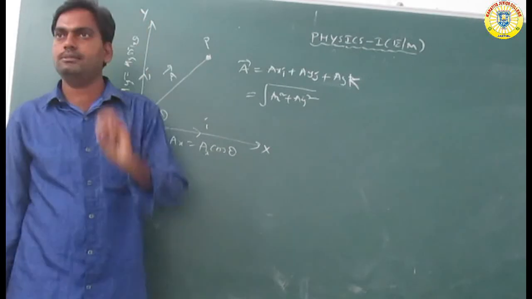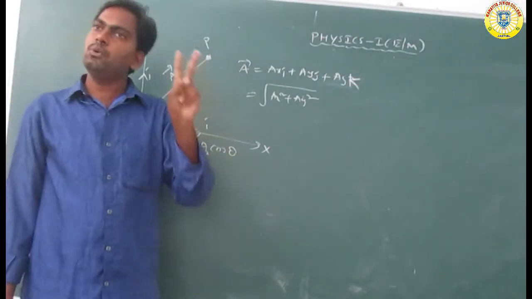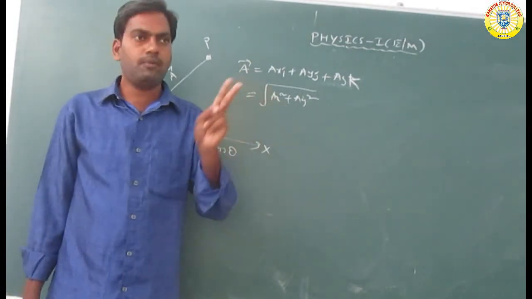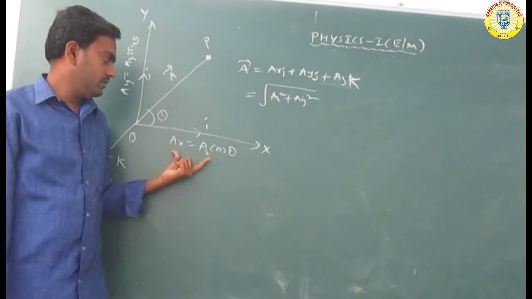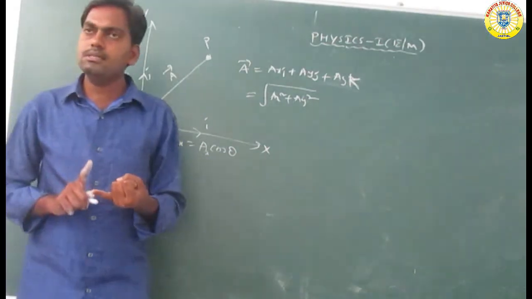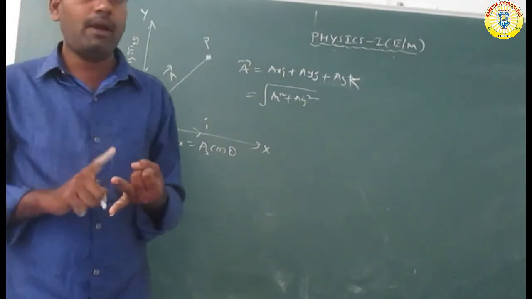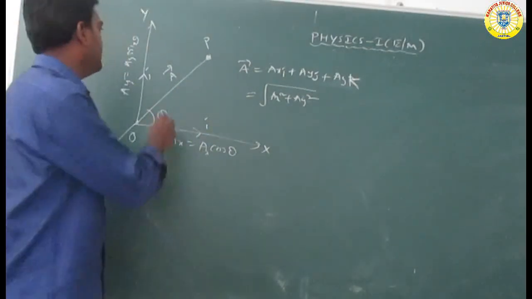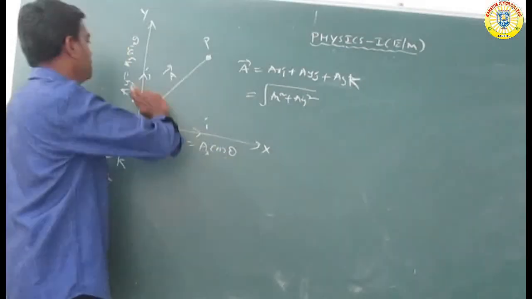In 2 dimensions there are only 2 components, Ax and Ay. These are fundamentals. Very important topic. The horizontal component is A cos theta and the vertical component is A sin theta. For example, for the vector U, it is U cos theta and U sin theta.